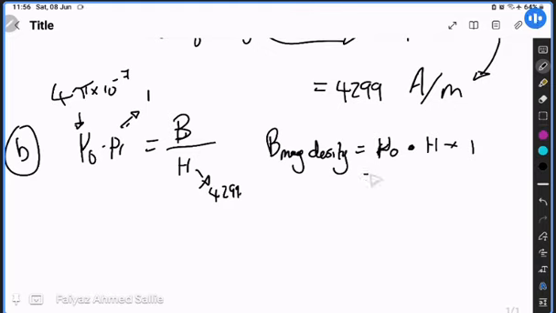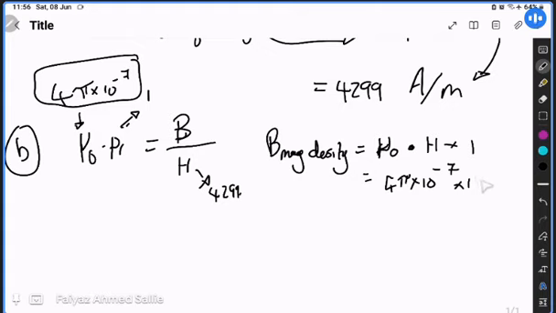So let's do the calculation. This is going to be 4 pi multiplied by 10 to the negative 7 multiplied by 1 multiplied by the field strength, and we get 4299 amps per meter.